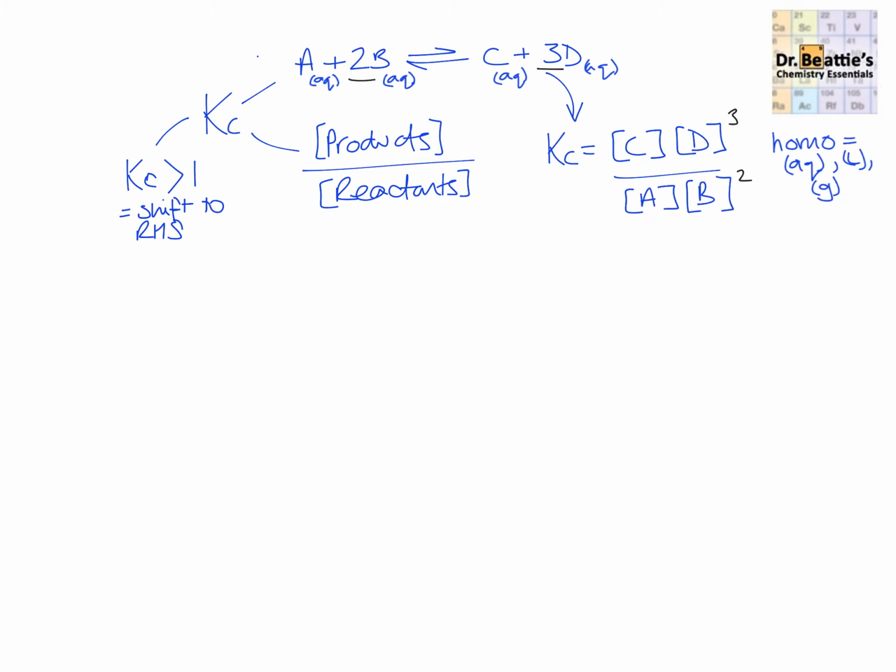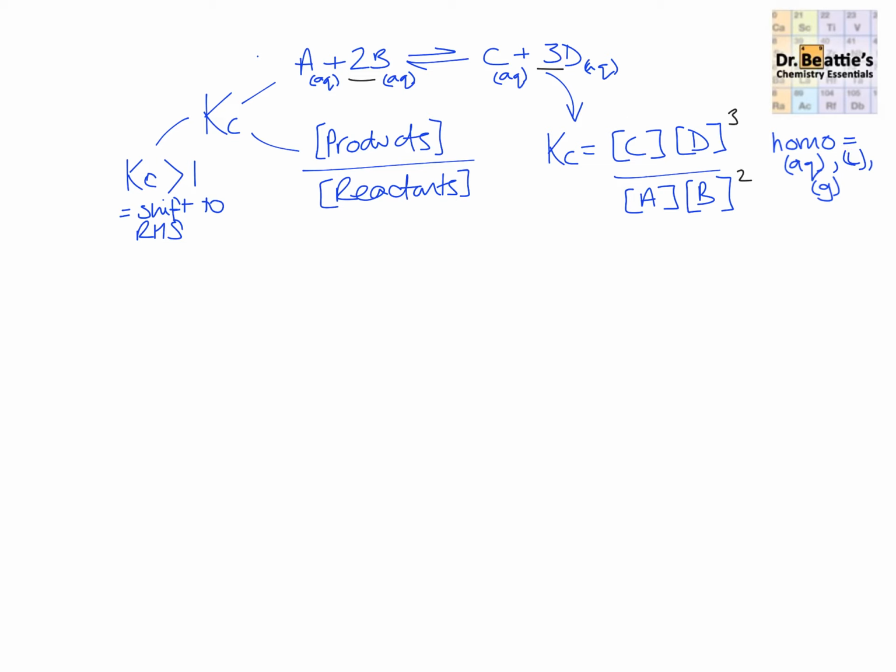Now, depending on the state symbols of your reactants and products, you're either going to create a Kc expression for a homogeneous reaction. That's where all the state symbols are the same. So often you'll see they're all aqueous, or they're all liquid, or they're all gases, and you include them.